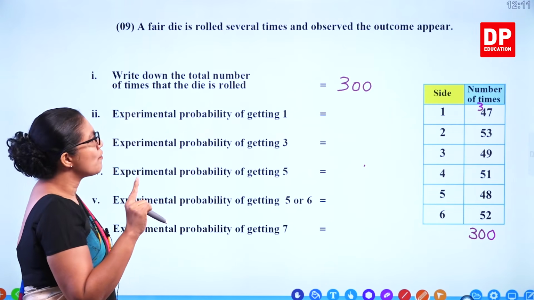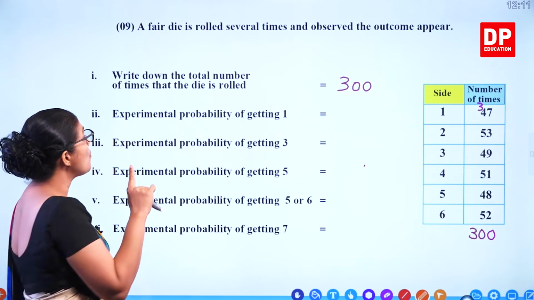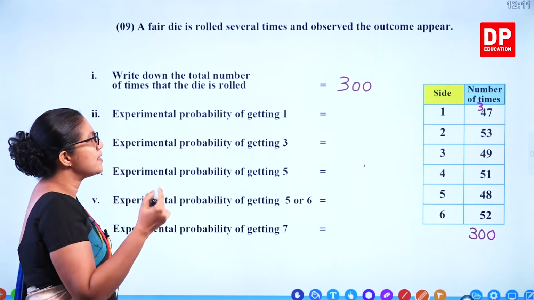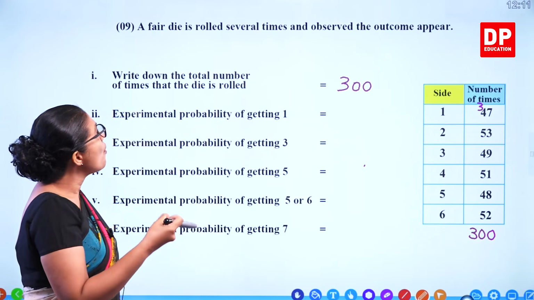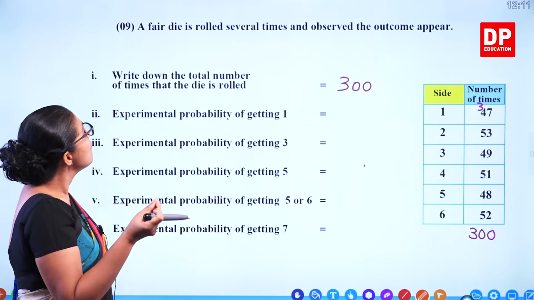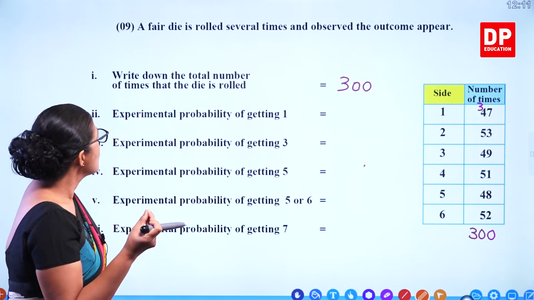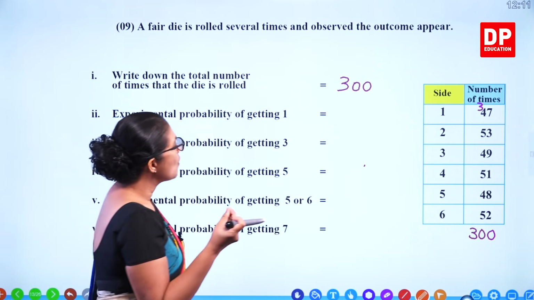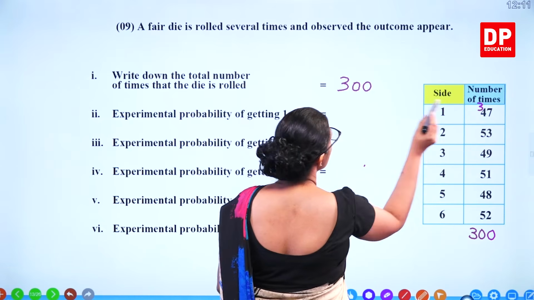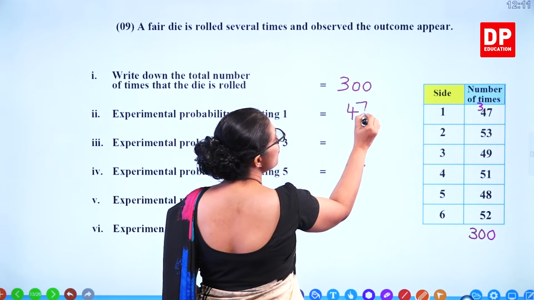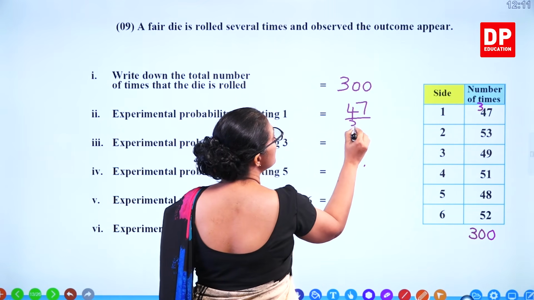Experimental probability of getting 1. Here we use the word experimental probability. So we are rolling the die several times and observing the outcome. What's the probability of getting 1? 47 times you got ones out of 300.